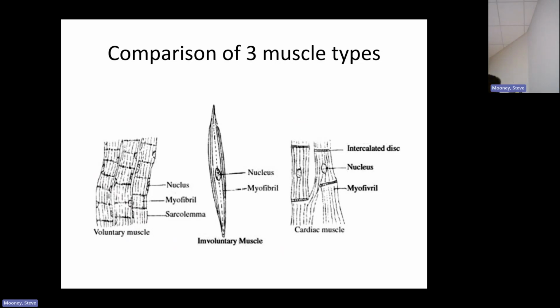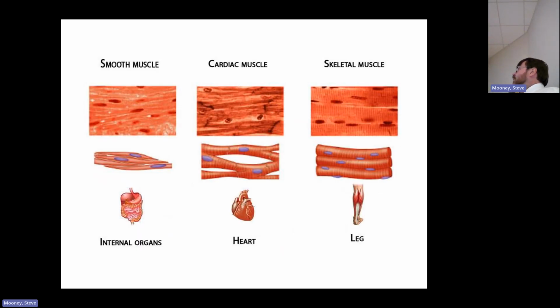So another drawing of those. We showed last time in our myofibril that the Z lines are organized in such a way that they create striations. Same thing over here with our involuntary or smooth muscle. We don't have that organization, so we don't get that definitive striation as we move through. The contractile units are not lined up in such a way that they're going to form the stripes we see over here.